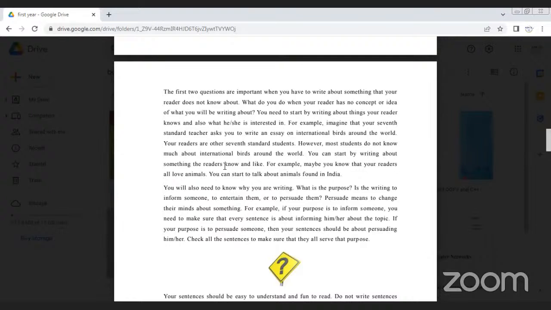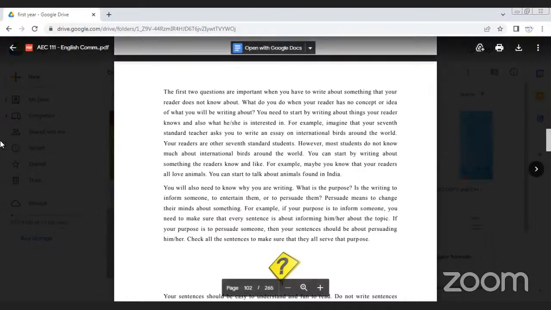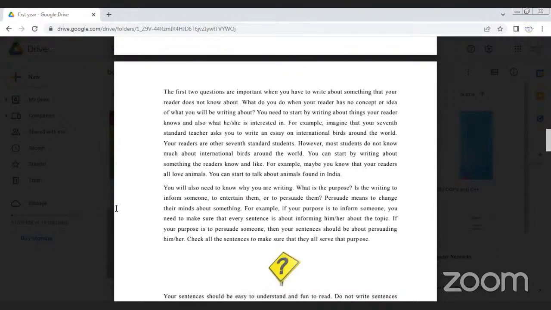However, most students do not know much about international birds around the world. You can start by writing about something the readers know and like. For example, maybe you know that your readers all love animals. You can start to talk about animals found in India.